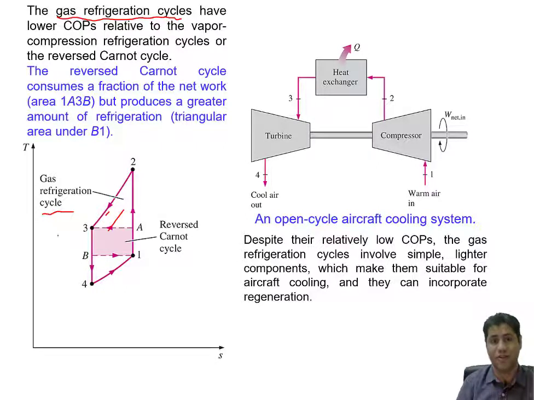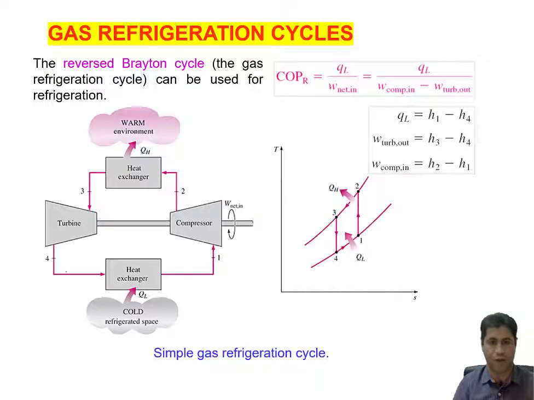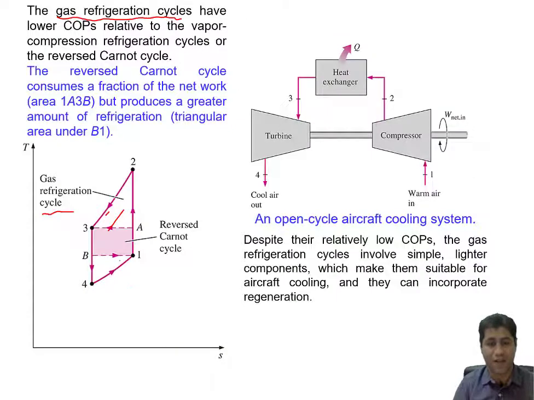In the TS diagram, the area under the process from 4 to 1, which is in the turbine, in this heat exchanger, is the amount of QL. So the area under this process is the amount of QL, or the amount of refrigeration.